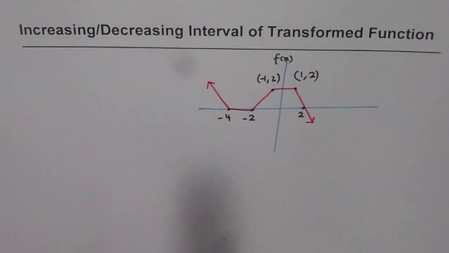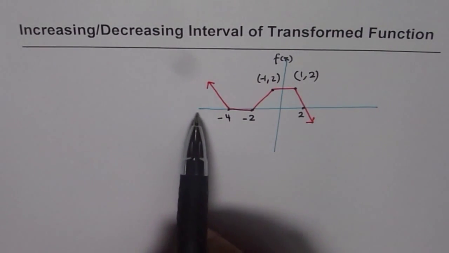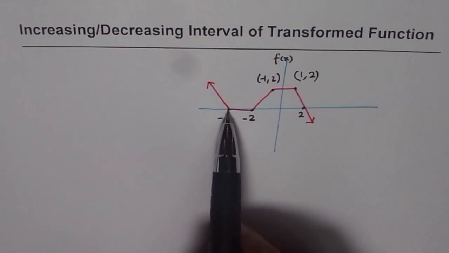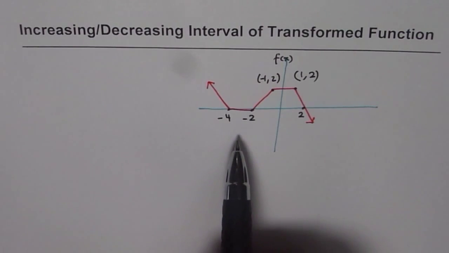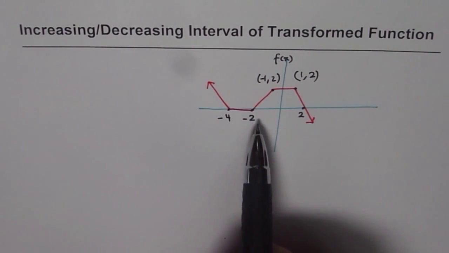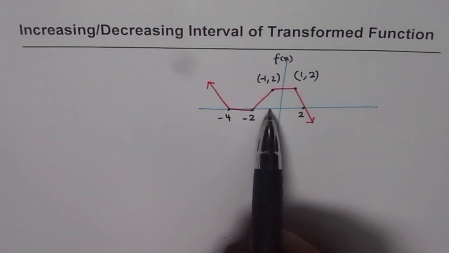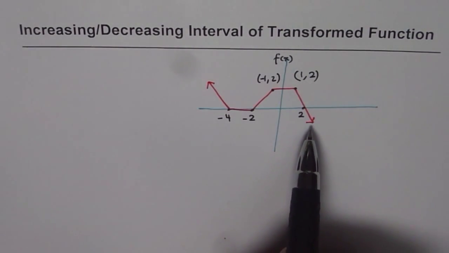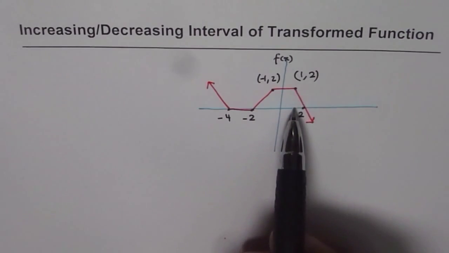So f of x, you can see, is decreasing from minus infinity to minus 4. It is constant from minus 4 to minus 2, increasing between minus 2 and x value of minus 1, and then it is constant till 1 and then decreasing after x equals 1.